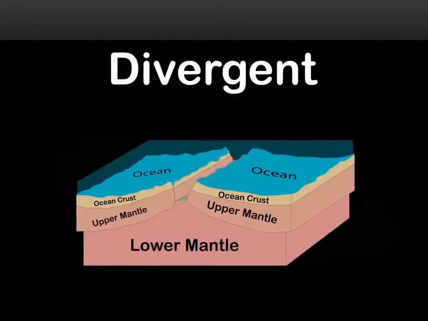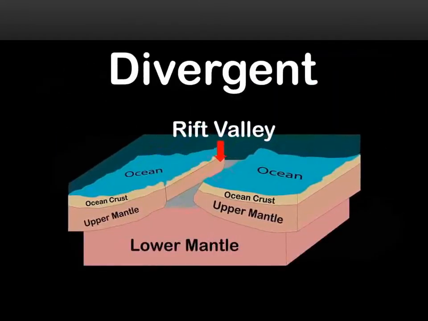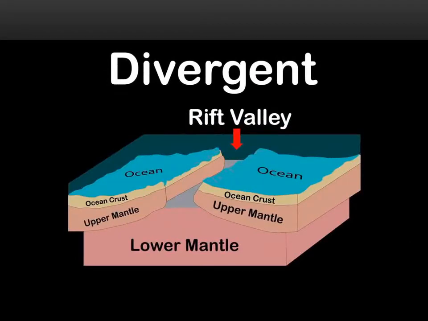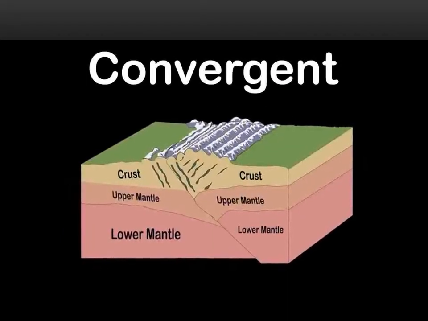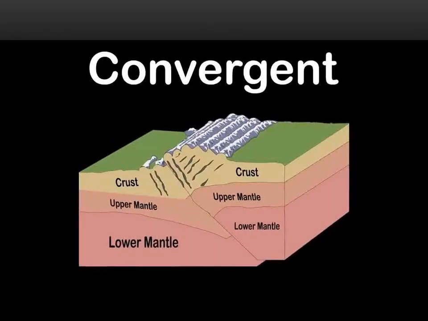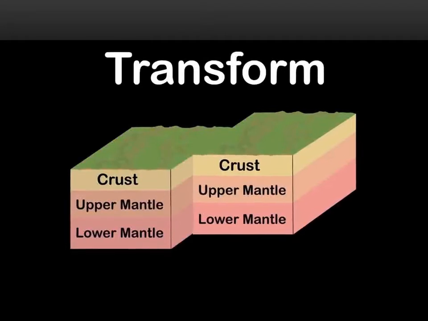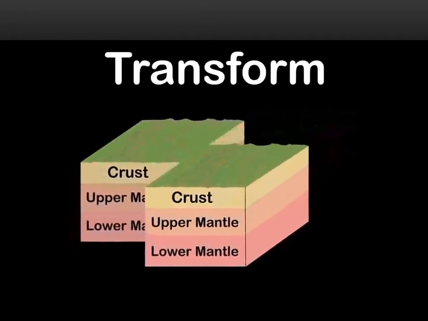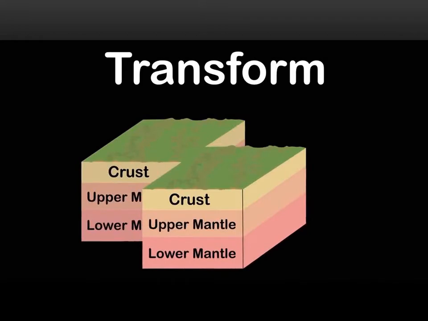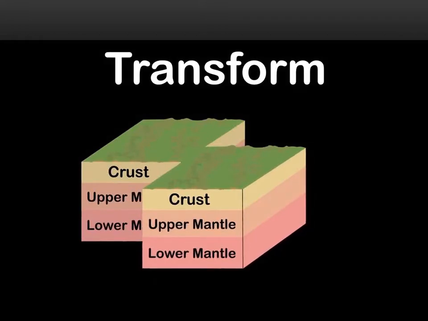Divergent boundaries move away from each other, producing rift valleys. Most active between oceanic plates, yes, plates out in the sea. Convergent boundaries move towards one another and collide. That's where you'll find most earthquakes and volcanoes do reside. Transform boundaries are 2 plates that slide past one another. The San Andreas fault line's the best example of this to discover.